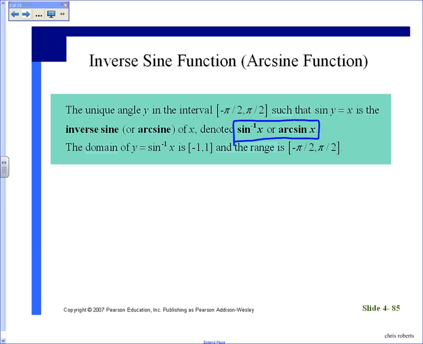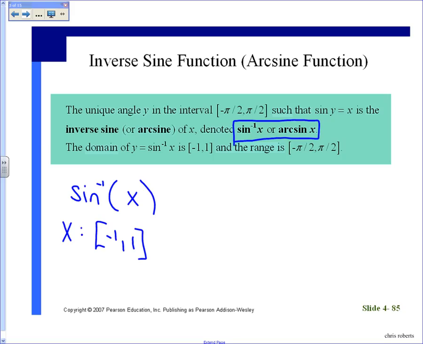So it's important now, we've looked at a few different domain problems. We looked at square roots, denominators, and logarithms. Now when we look at the inverse sine function, if we have the inverse sine of some value x, the only numbers x can be are from negative 1 to 1.